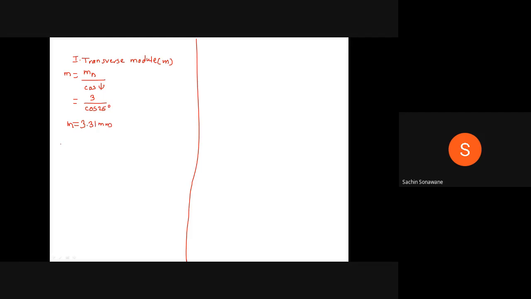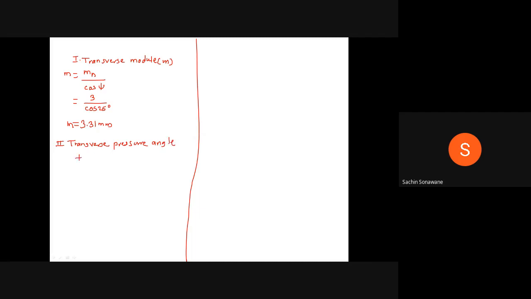Now, next, transverse pressure angle. Write down your second value. Transverse pressure angle. Now, what is the formula?